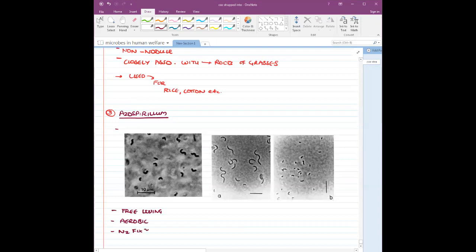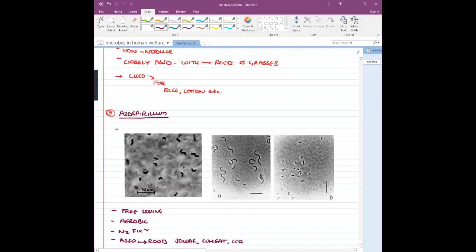Now, what is this going to be associated with? This is not going to form any root nodules, but it is closely associated with the roots of jawar, wheat, corn.